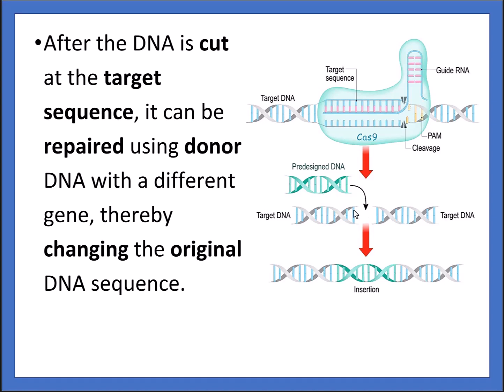And then a different piece of DNA can be inserted in there. So this Cas9 system allows us to cut the DNA at any location, as opposed to using the restriction enzymes, which only cut at a certain location. So this actually allows us to remove particular portions of genes instead of just inserting new ones.